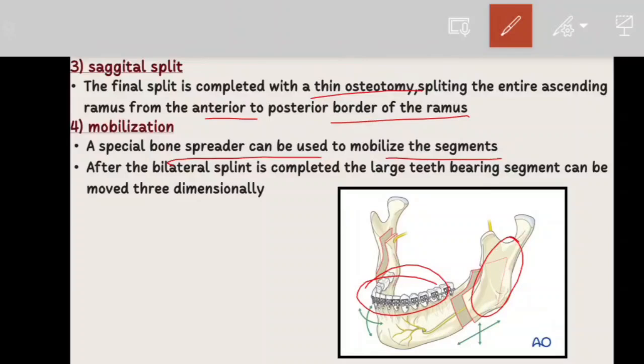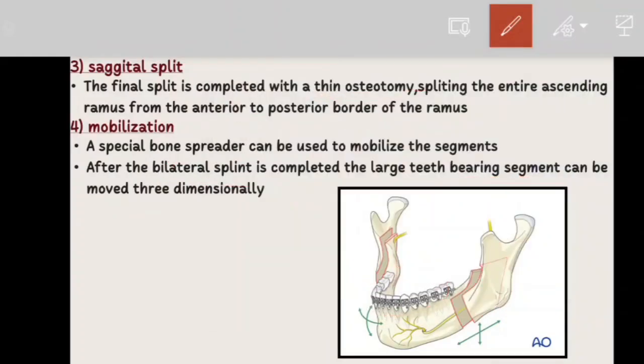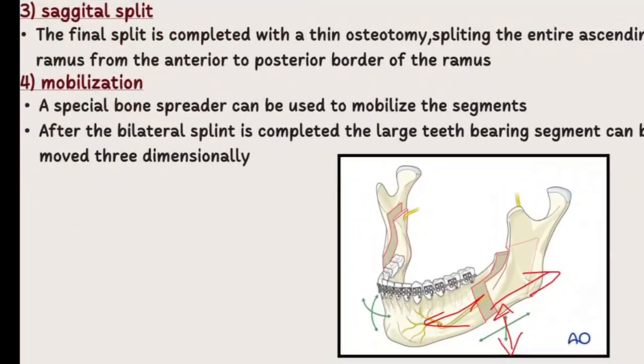After the bilateral split, the tooth bearing segment can be moved three-dimensionally: forward like this, backward like this, and sideways like this. The diagram shows the movement arrows in different directions.